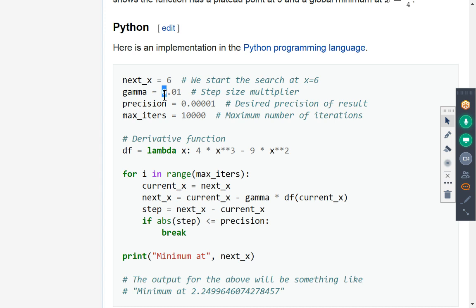Too small a step also makes our program run so many times. To reach the bottom, I have to take so many steps. So we have to take an optimized step size. It should not be too long, and it should not be too small.